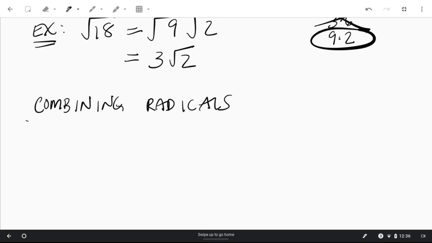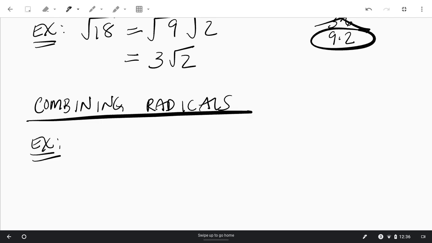Okay, so for example here, hold on, I'm doing a lecture video. So over here, you have square root 32 plus the square root 200. Neither one of these are perfect squares. However, you do want to break down each one so that you do have a perfect square.